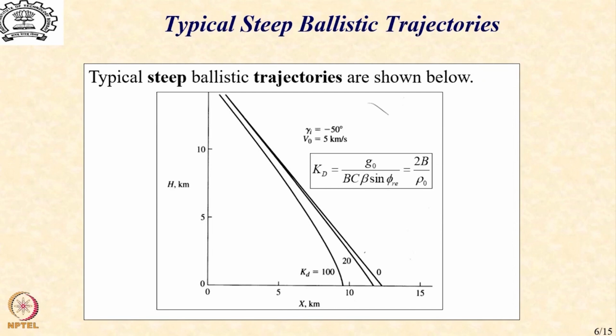Here we see the trajectories which are roughly from a height of 15 kilometers down to the surface of the earth, and we note that for a major part of the trajectory it is merely a straight line.